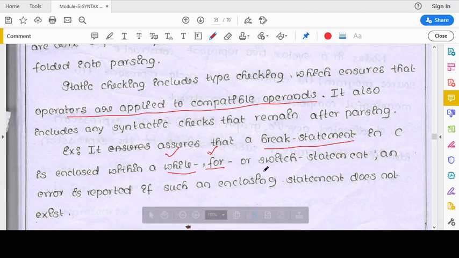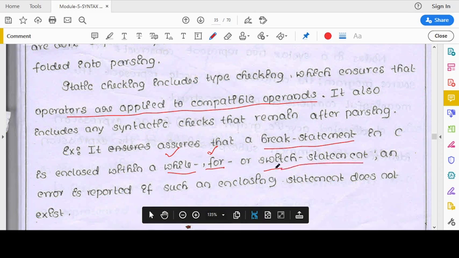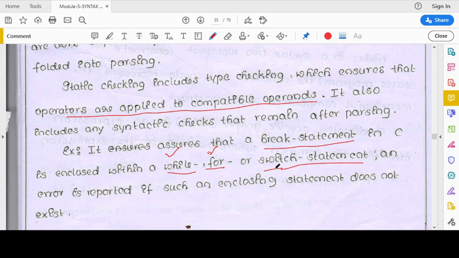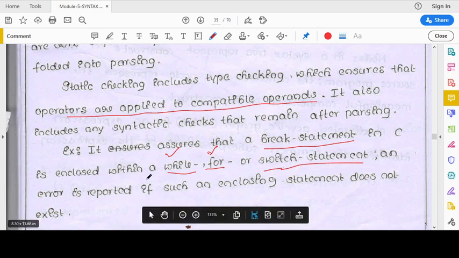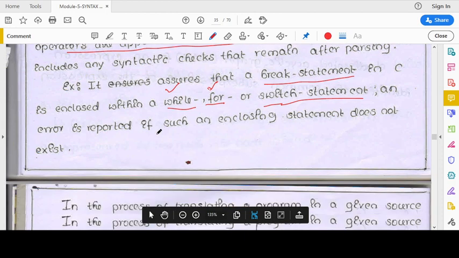And when it comes to switch case statements, break statements might be necessary, or else it just starts executing most of the cases which it selects. So it will be an error, right? So this is about the syntax checking.